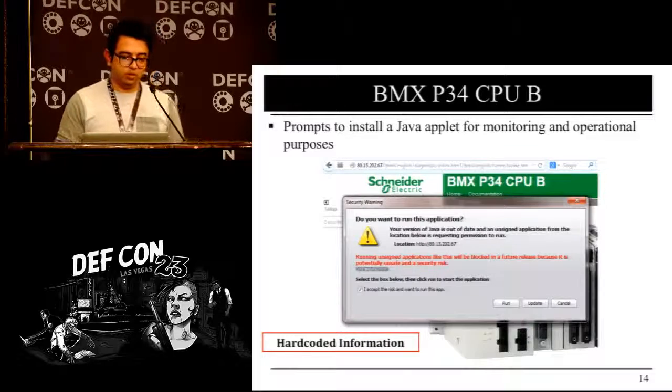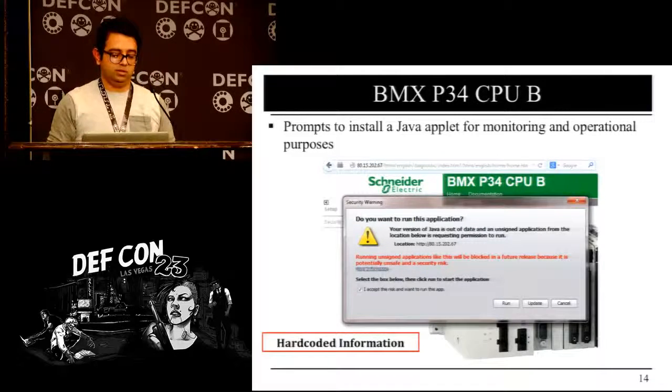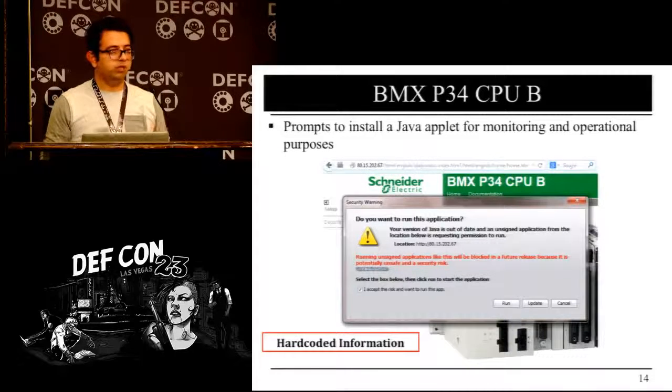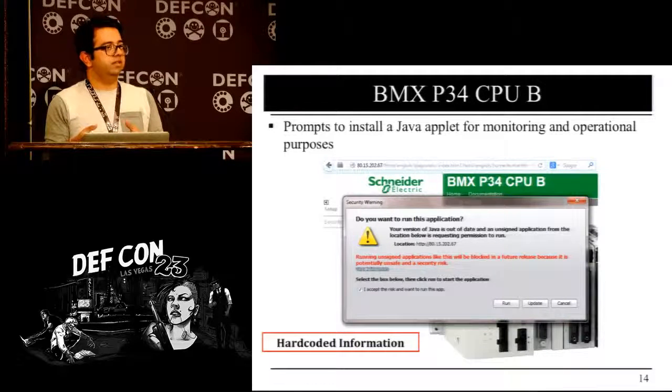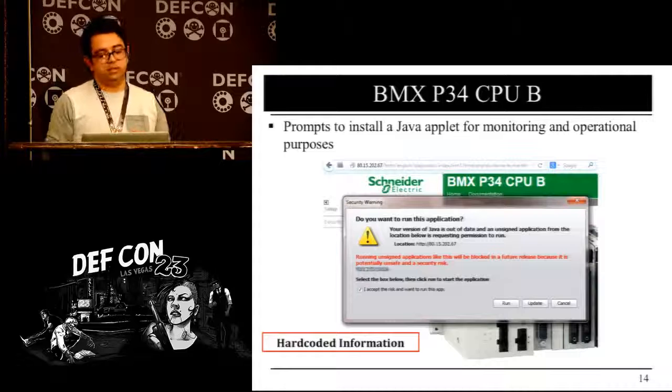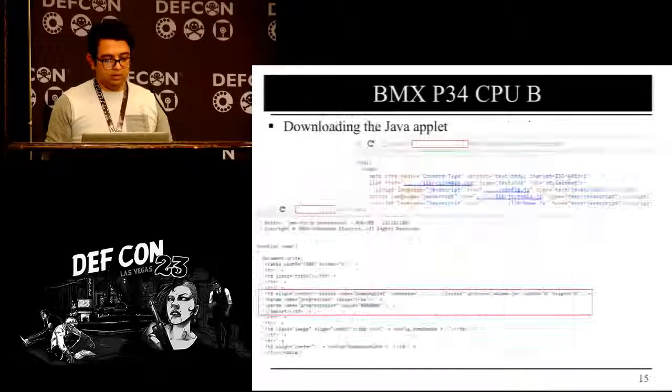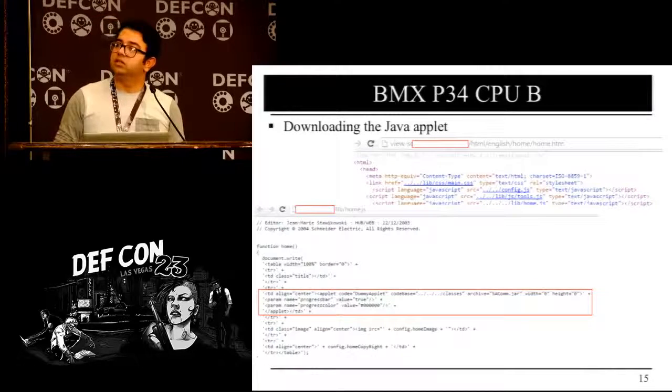Let's say you find this device and open it in your browser. I have not masked the URL in this case. You will be presented with a Java applet; basically, you need to install a Java applet. You will be served like this. In order to access all the HMI functionalities, you have to install this Java template accordingly.